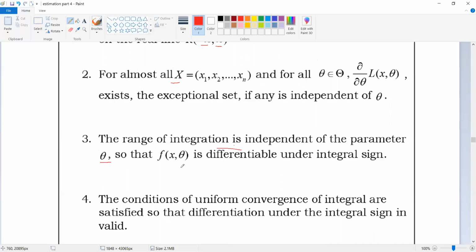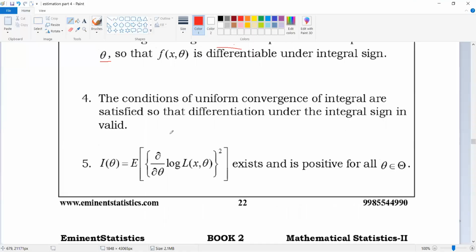So that f of x comma theta is differentiable under the integral sign. The conditions of uniform convergence of integrals are satisfied so that differentiation under the integral sign is valid.